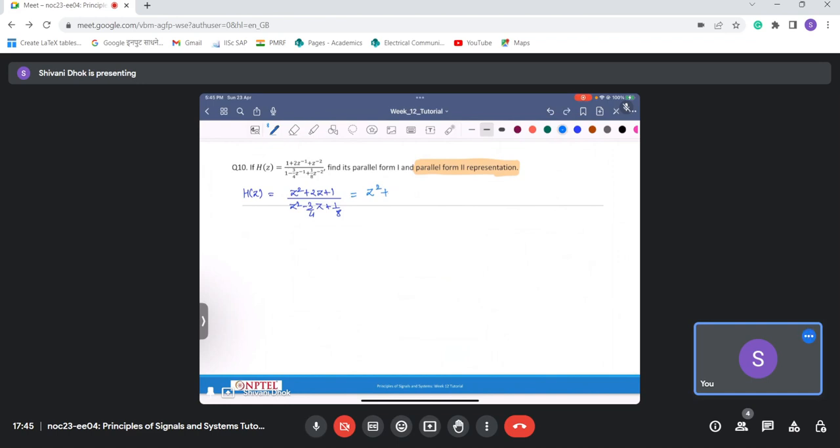So I'll construct minus 3 by 4z plus 1 by 8 plus 3 by 4z plus 2z plus 1 minus 1 by 8, and I don't know why I am thinking that it will give me similar results as the previous one.